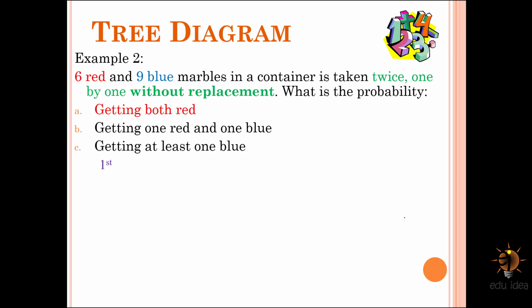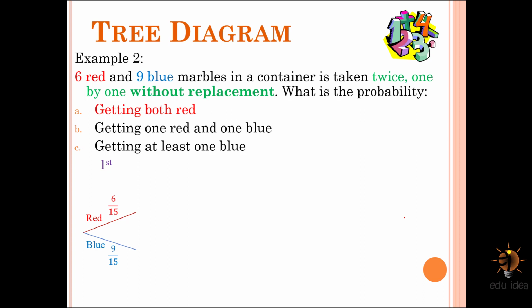In this topic we're going to use the tree diagram, so we do the same thing as before for the coin: the first marble that you take and the second marble that you take. The first marble will be red or blue, because we only have two colors.